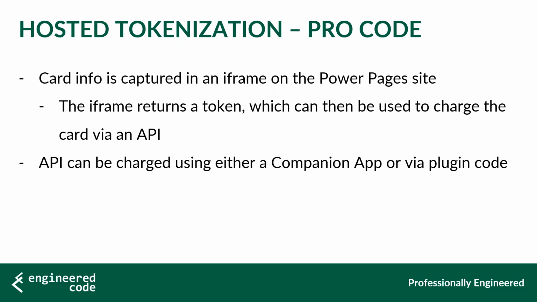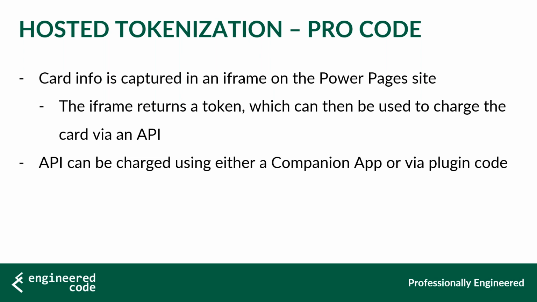That form on the iframe posts back to the payment provider's service, so that credit card is going nowhere near any of your servers. They post back those credit card details to their server, and what it returns is a unique token for charging that credit card.